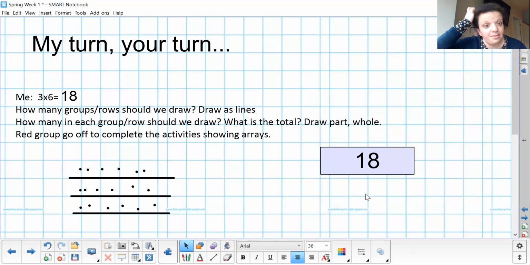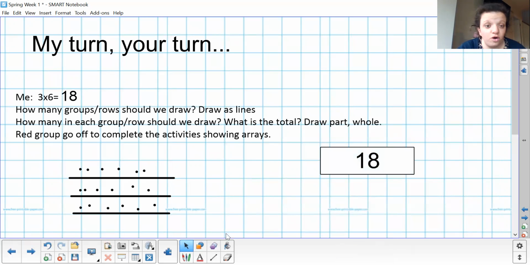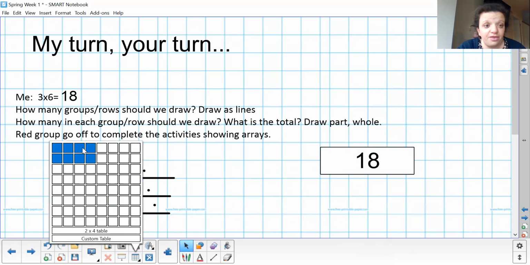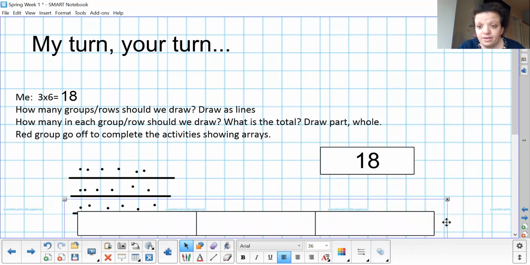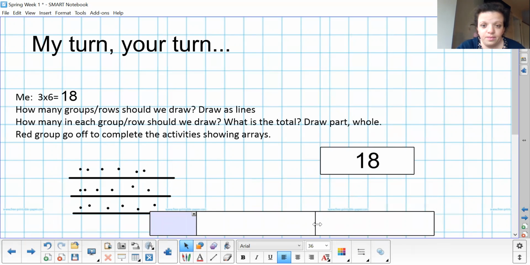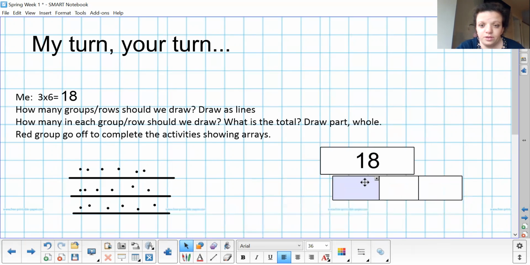Okay, that's our whole number. And then we're going to have 3 parts because we've got 3 groups. So we're going to have 3 parts. So we've got 1, 2, 3.